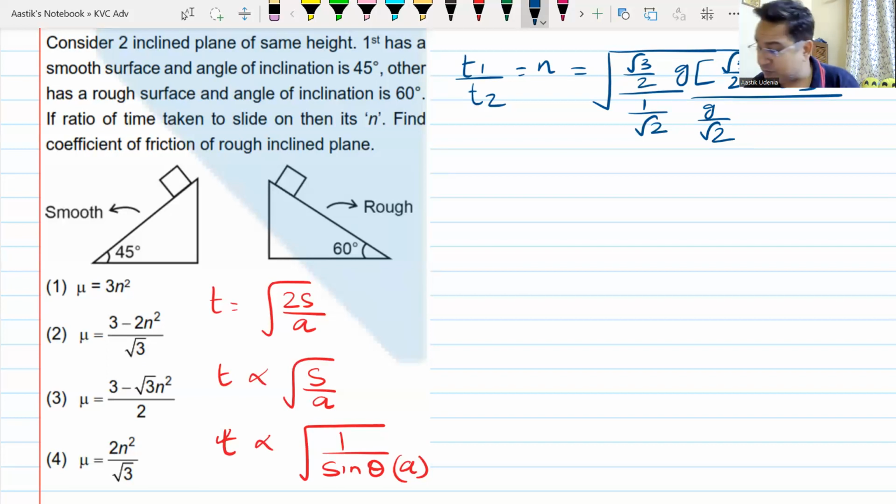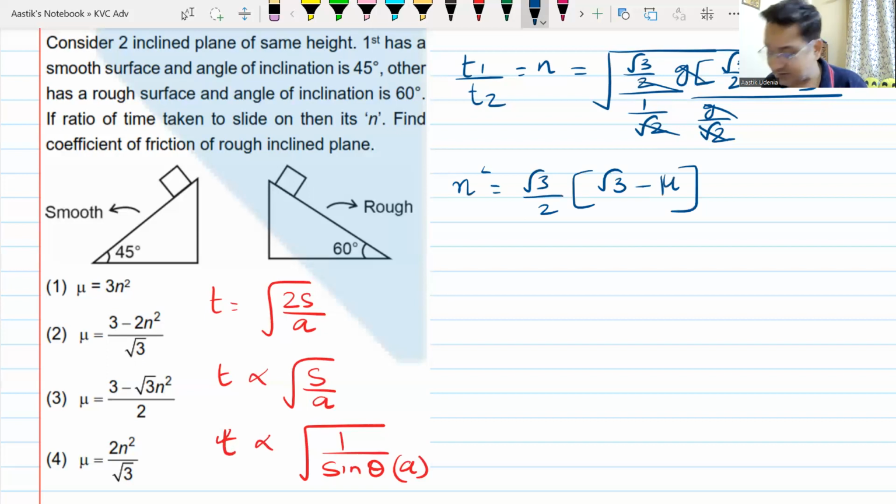As you can see, you might make a mistake in the calculations. Well, this is how things are. g and g will cancel. This root 2 and 2, root 2 will become 2. This 2 can be cancelled from here. So if I square it, I will get n square equal to root 3 by 2 into root 3 minus mu.